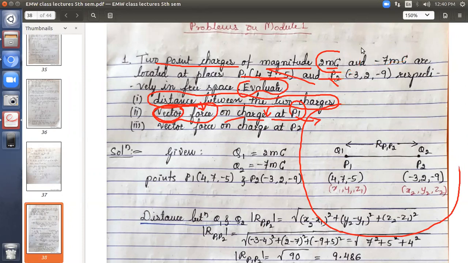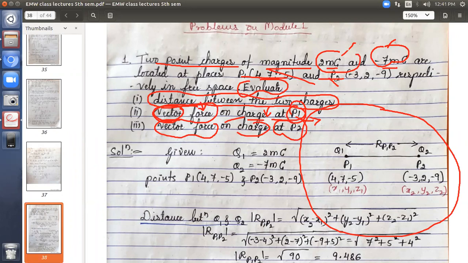That is the question. So understand the question, what is to be calculated. The vector force on that person P1, the first charge point. On that, how much force is being applied? And similarly, the vector force on the other charge which is placed at point P2.